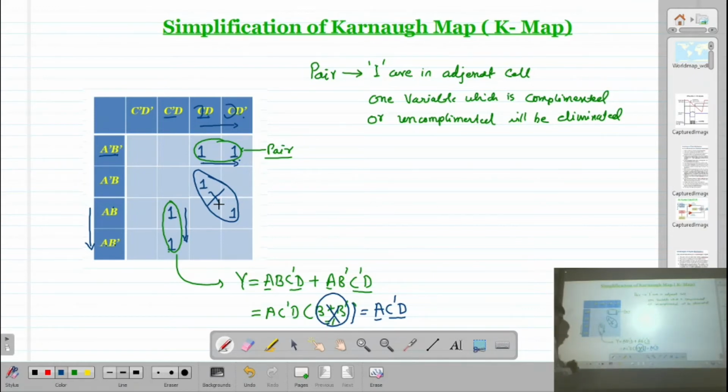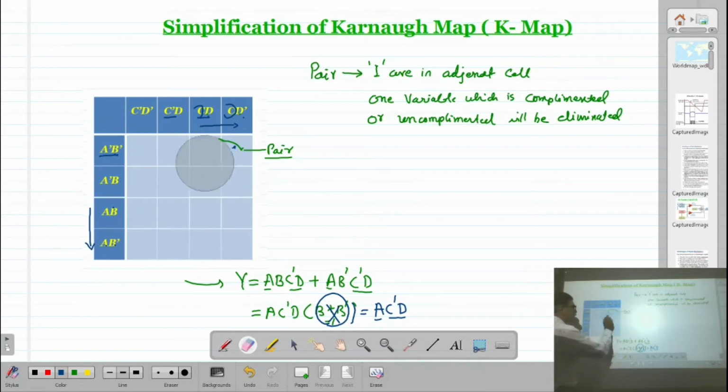Let us say here. Now suppose these high levels are here. One is present. Correct? Then we can make the pair in this way.